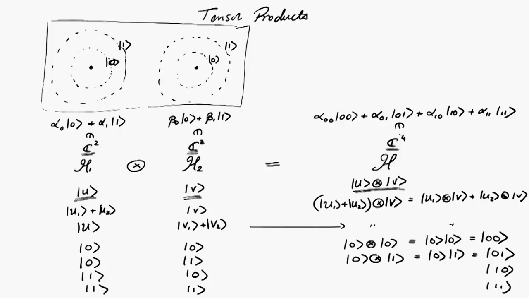But of course, this is a vector space here, so we can take all possible linear combinations of these vectors. And as we saw, when we take these linear combinations, many of the vectors we get can no longer be written as a product of vectors in the two spaces. These are the entangled states.